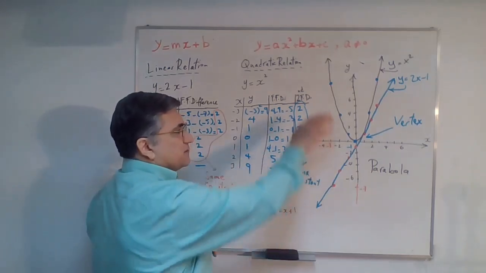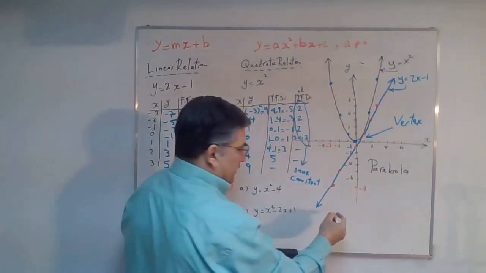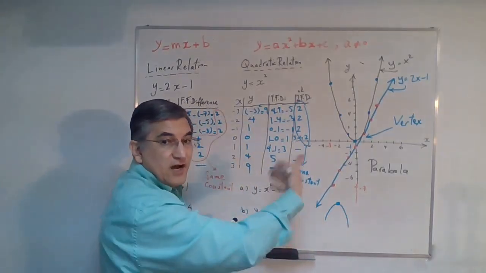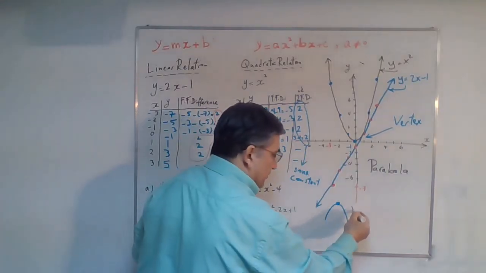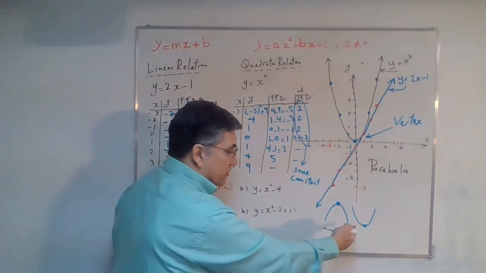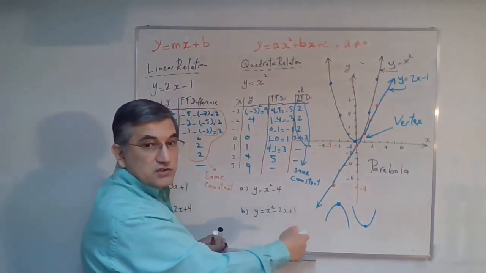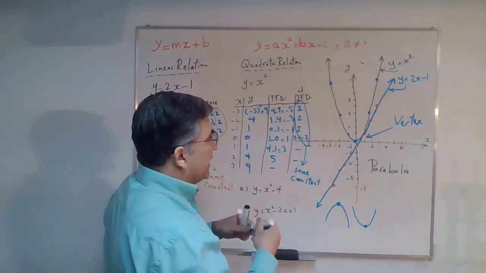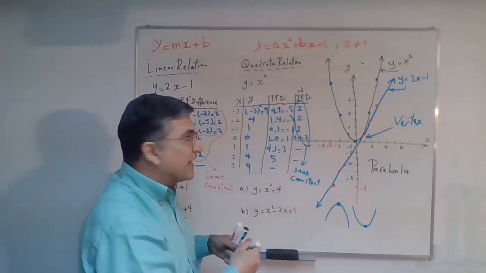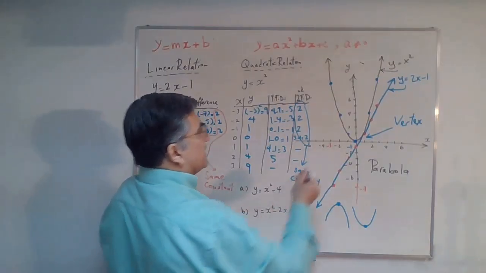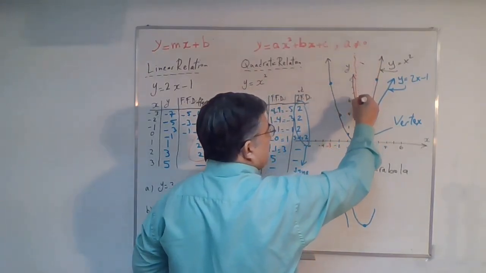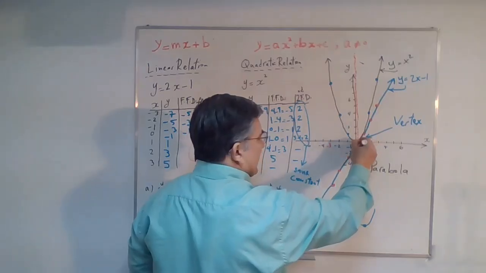Sometimes, of course, parabolas are opening downwards like this. In that case, the vertex would be the highest point on the curve. But sometimes it is opening upwards and it's showing the lowest point, which is called the vertex. And as I said earlier, the y-axis is cutting this graph in half. In other words, we can say that there is a line of symmetry here, which we call the axis of symmetry.